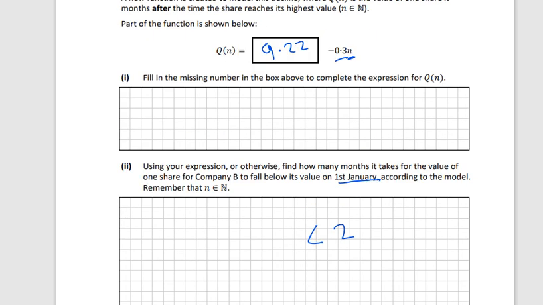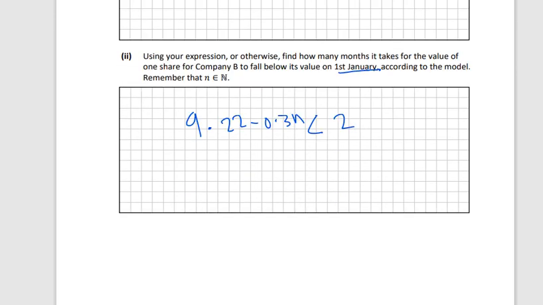So 9.22 minus 0.3n is less than 2. Bring the minus 0.3n to the other side. 0.3n is greater than 9.22 minus 2. That's 7.22 is less than 0.3n.